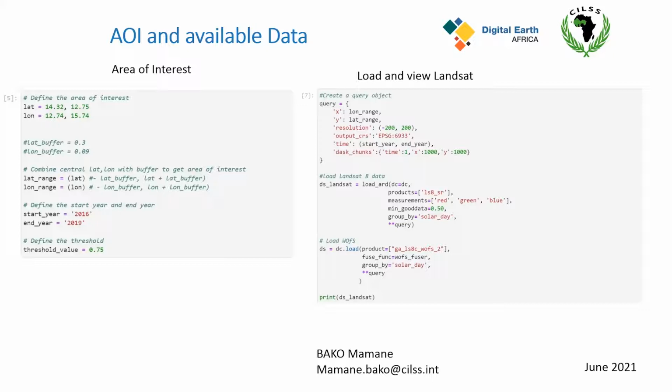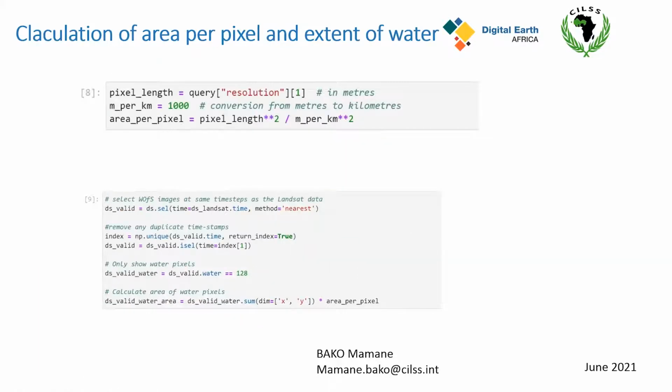So you see what we define as area of interest, and we choose the two starting years, 2016 and 2019. We have one script allowing us to load and view Landsat data and the WOFS product. We made the calculation of area per pixel and the extent of water.